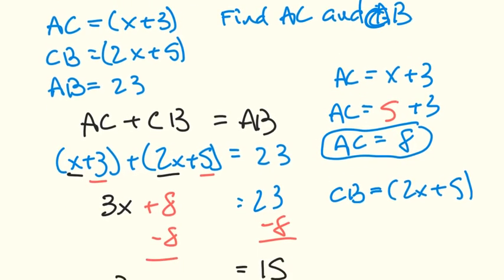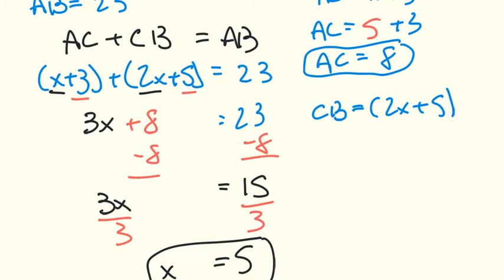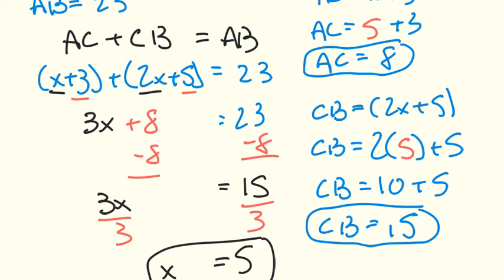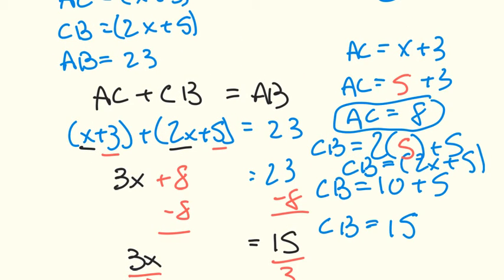And we'll go ahead and substitute 5 for x. 2 times 5 plus 5, and we get CB equals 10 plus 5, or CB equals 15. And just as a double check, we go back and we could check here. 15 and 8 equals 23, and sure enough, AB is 23, so it worked.